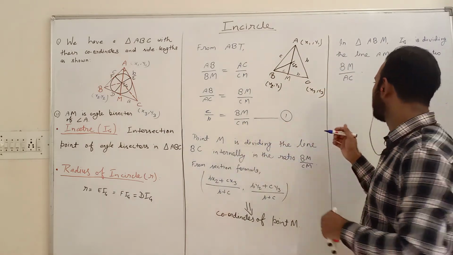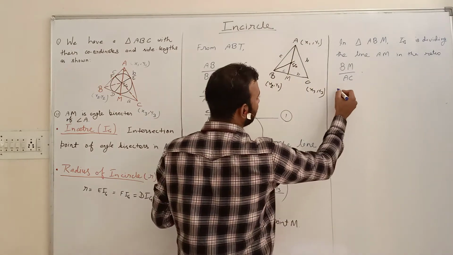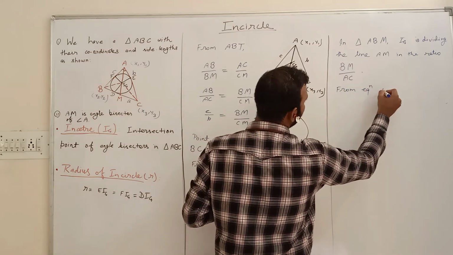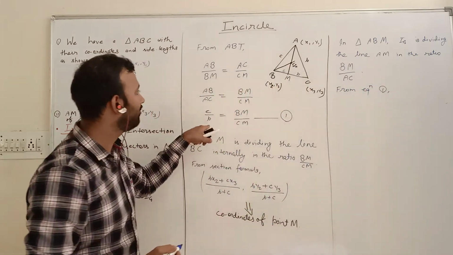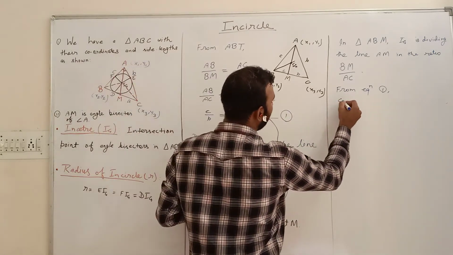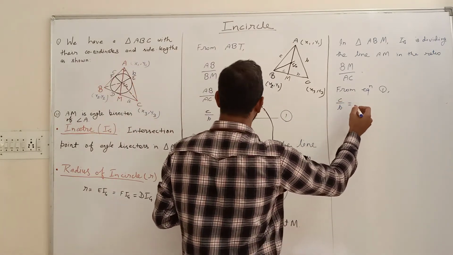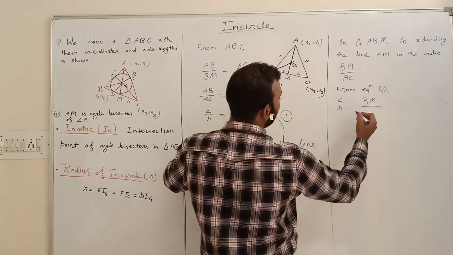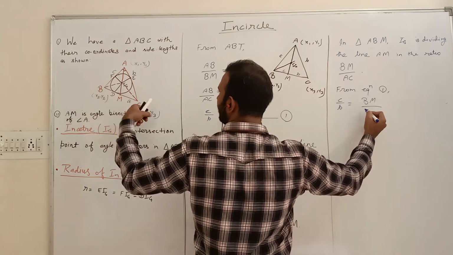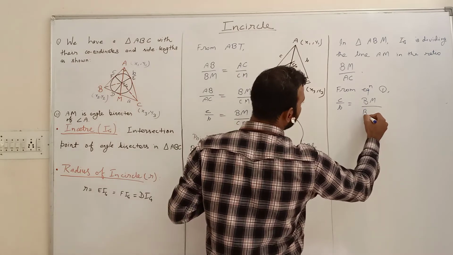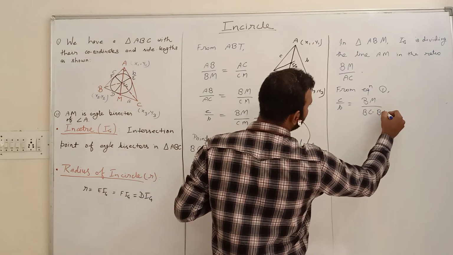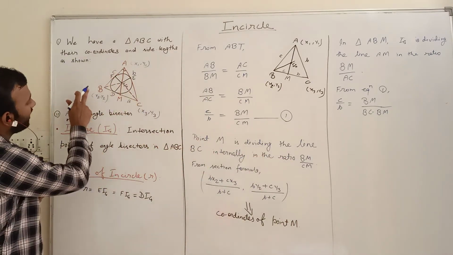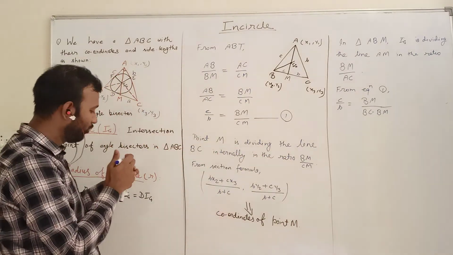So from equation 1, here we have C upon B equals BM upon CM. CM is BC minus BM. And what is BC? BC is given as small a, I told you.